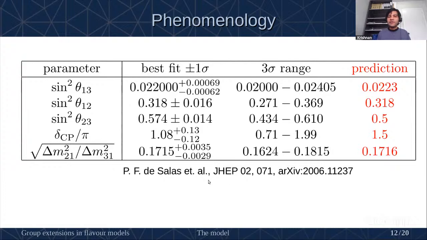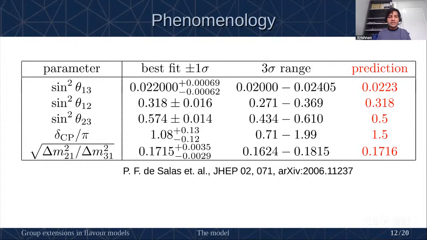This is again from the global fit, and you can see the red ones are the numerical values of the prediction I showed in the last slide, and this is the 1 sigma fit. So these three are really good agreement. The atmospheric angle is not within 1 sigma, it's within 3 sigma, but the atmospheric measurement is still not that precise, and people are talking about which quadrant it is.